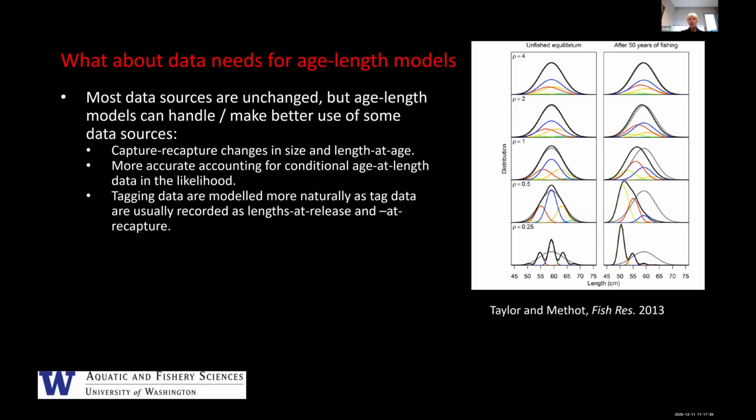For most of the likelihood components, however, the likelihood components for an age length model are essentially unchanged from what you'd be familiar with in standard age or length structured assessments.